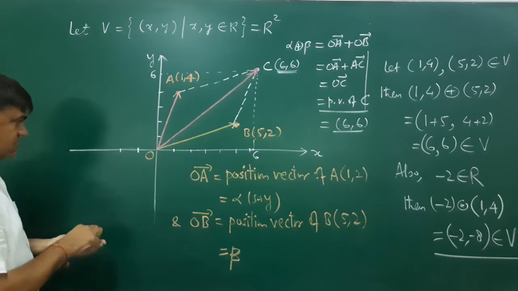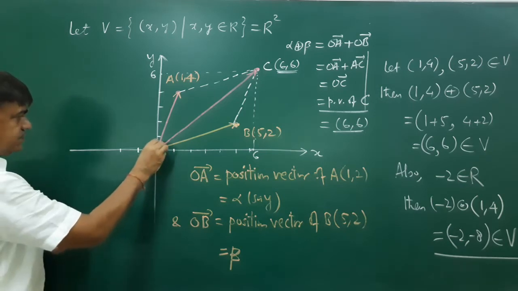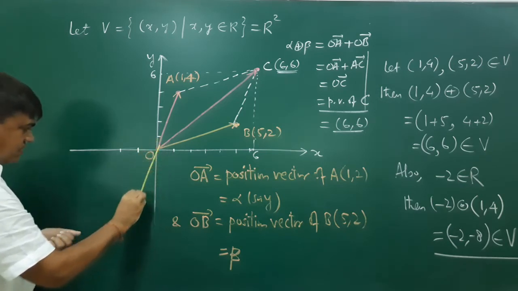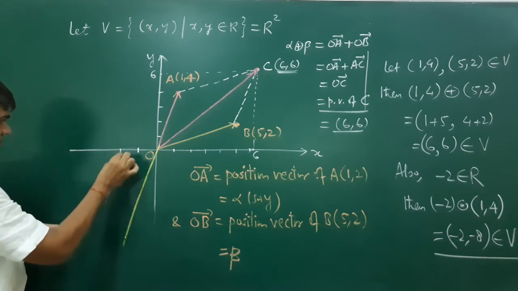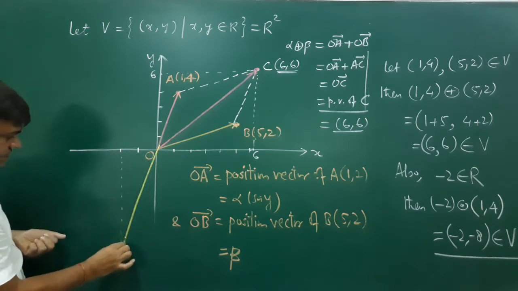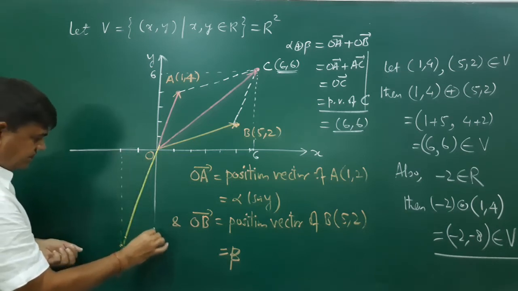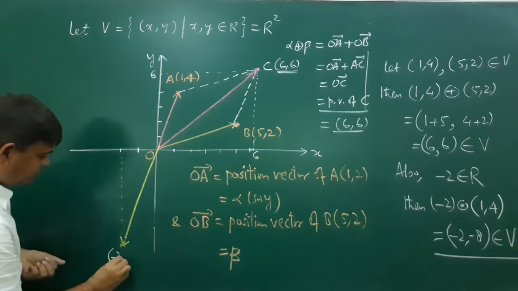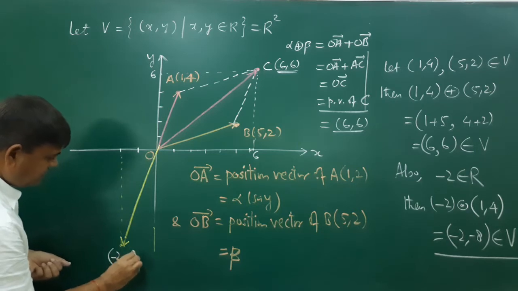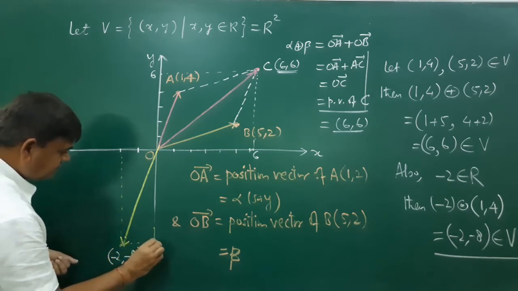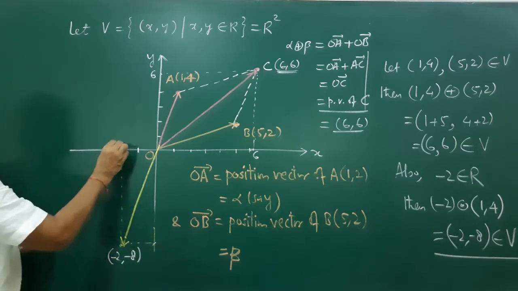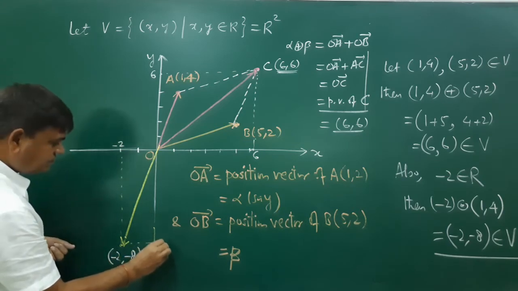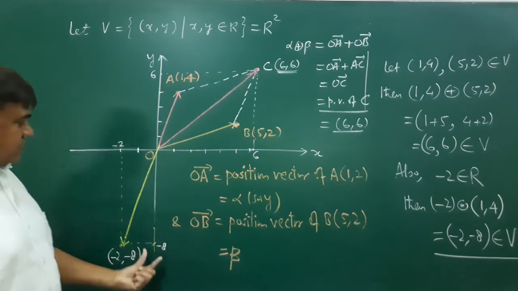So I just proceed in the back. Find this. This is (minus 2, minus 8). It is this vector.